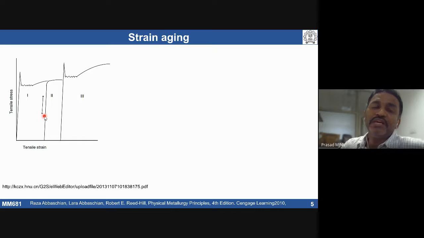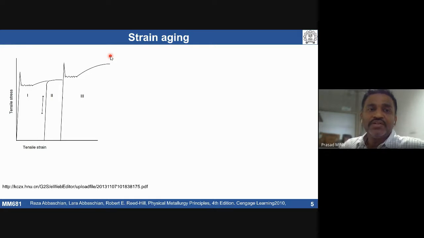Again, we do see reappearance of yield point phenomenon, and there is a rise in stress. The yield stress of the material is going to be raised. At the same time, reappearance of yield point phenomenon takes place in the material. This whole phenomenon is typically called static strain aging phenomenon.